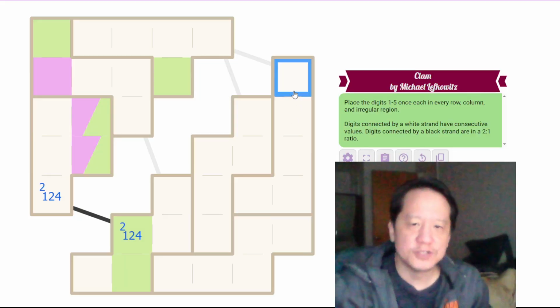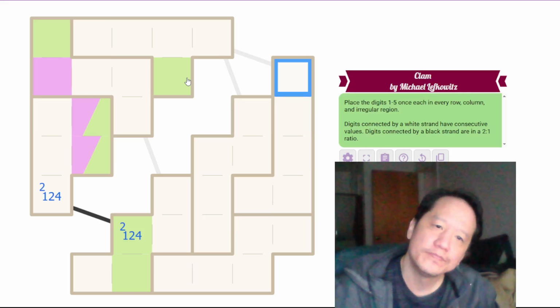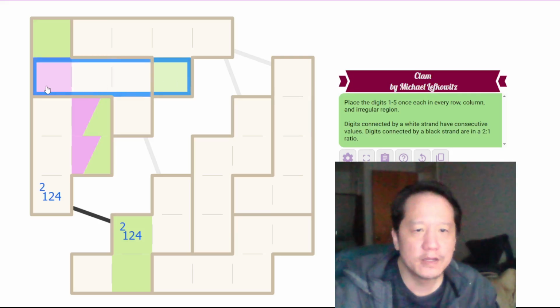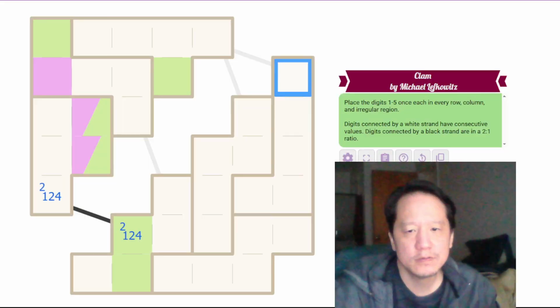What is this digit here? This digit cannot be any of these digits here. Can't be green. So this must match this one. So we have that matching there.